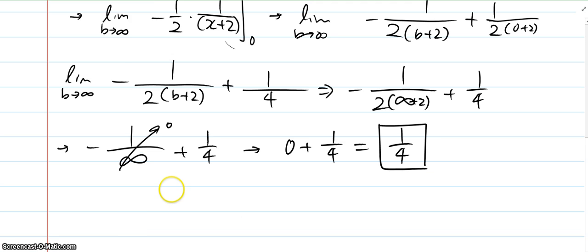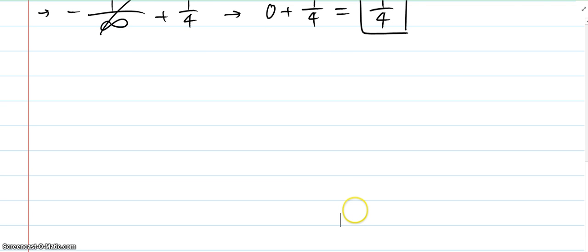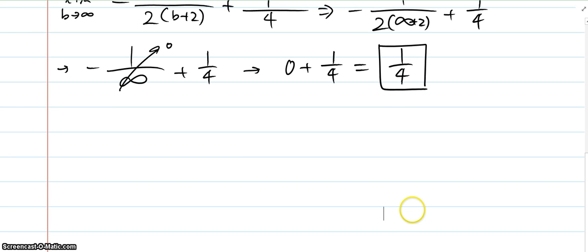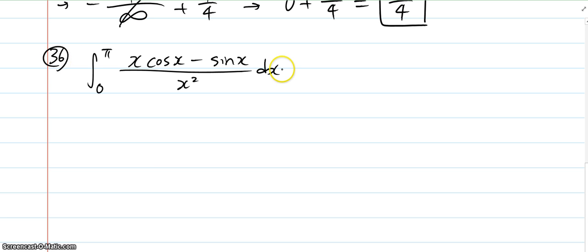Now this was one of the basic problems of improper integral, and in the book I found a really interesting question, which is number 36 of chapter 7.7. The question is asking us to integrate this. This right here looks very ugly.